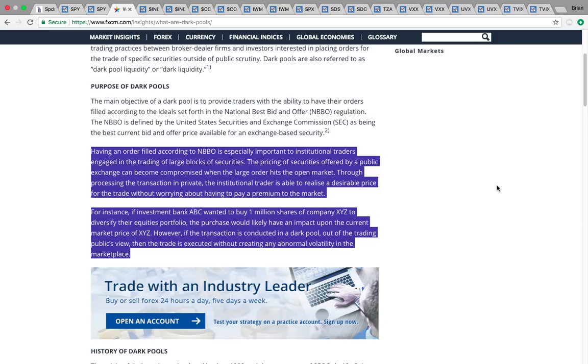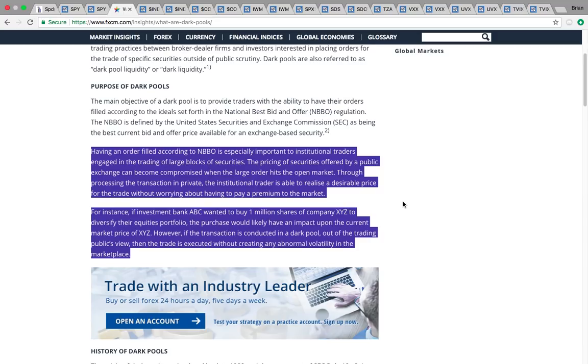The pricing of securities offered by a public exchange can become compromised when a large order hits the open market. By processing the transaction in private, the institutional trader is able to realize a desirable price for the trade without worrying about having to pay a premium to the market, because they didn't reveal their cards.